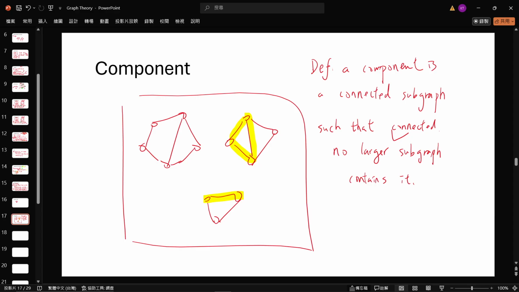But if you Google the definition of a component, you won't see this. What you'll find is a shorthand for this kind of complicated definition. A component is a maximal connected subgraph. Here the keyword is maximal.